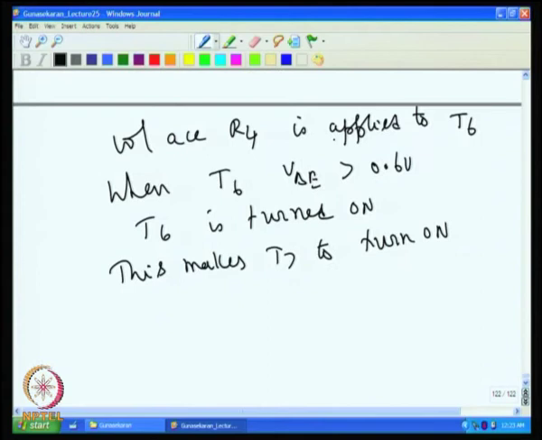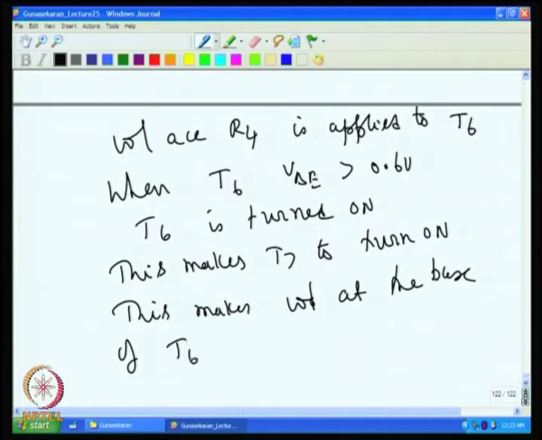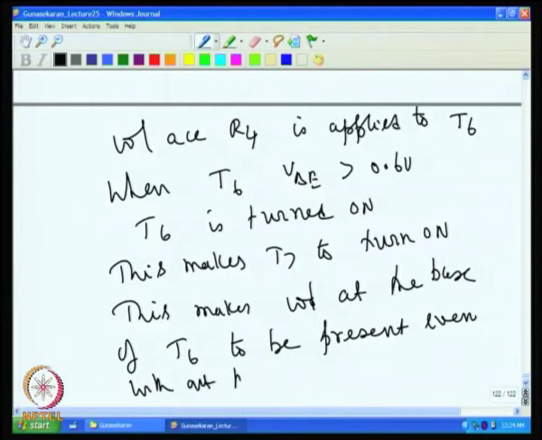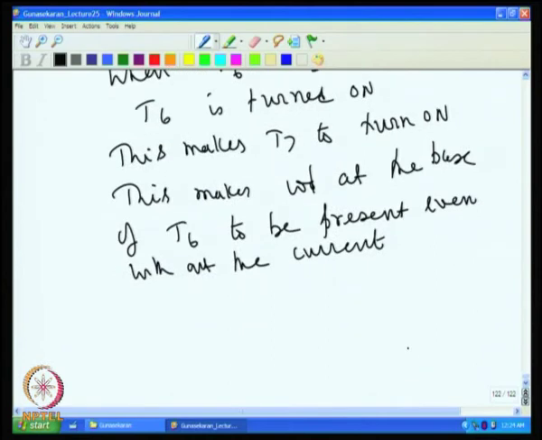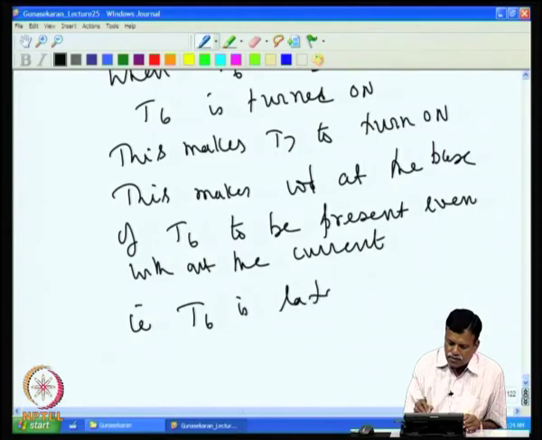This makes the voltage at the base of T6 present even without the current. That is, T6 is latched.